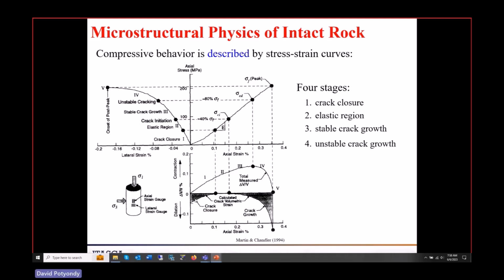And then this is volumetric strain, again versus axial strain, same thing. This is volumetric strain such that this is contraction. It's getting smaller in volume. And this is dilation going negative. Okay, so let's talk about this.